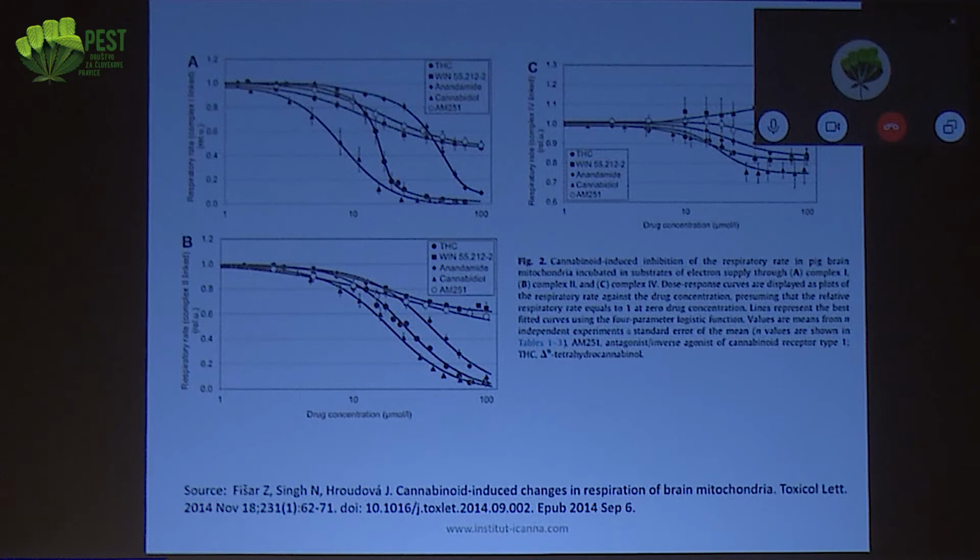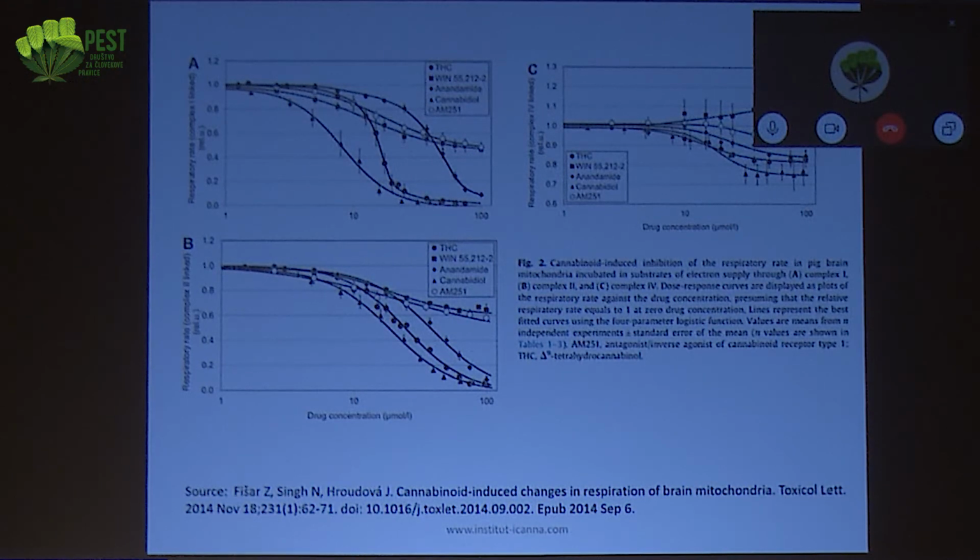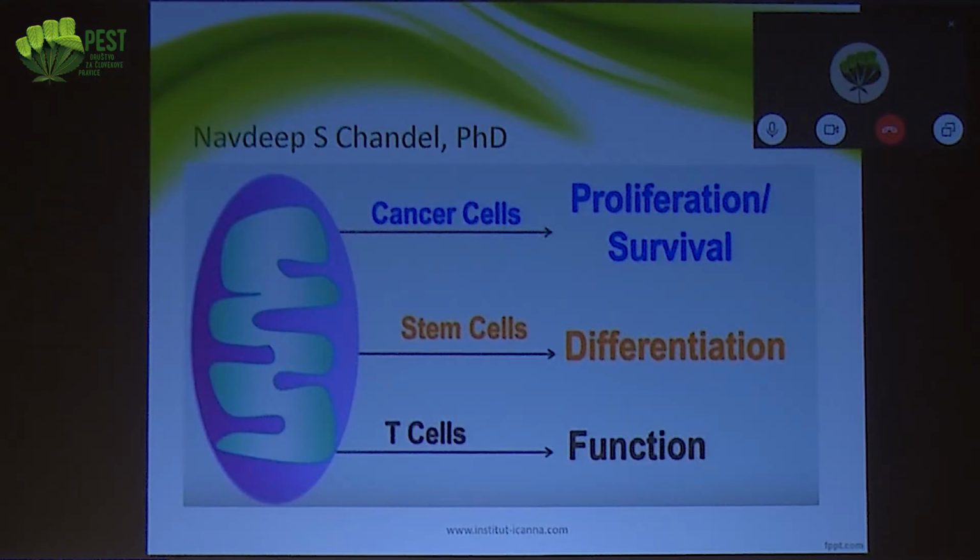So they actually reduce the activity of mitochondria. So we have seemingly less available energy. But what this actually means for the functioning of the body is very much dependent on what cell types we look at. And Dr. Chandel showed this very effectively in his studies.